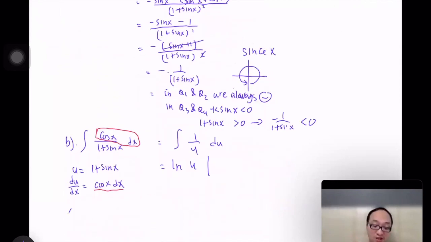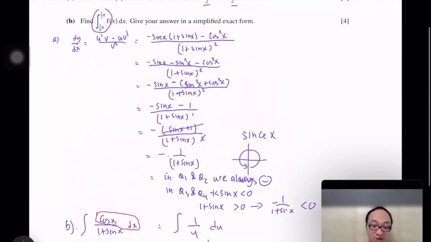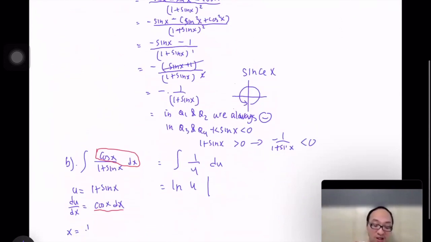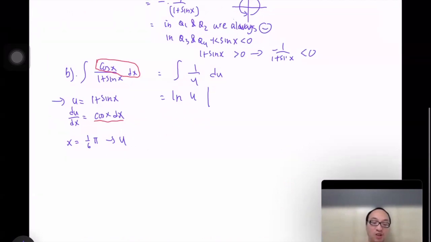For x equals 1/6 π, u equals 1 plus sin(π/6), which is 3/2.